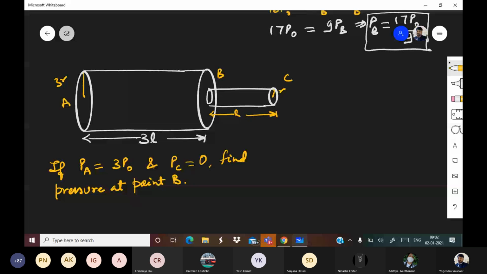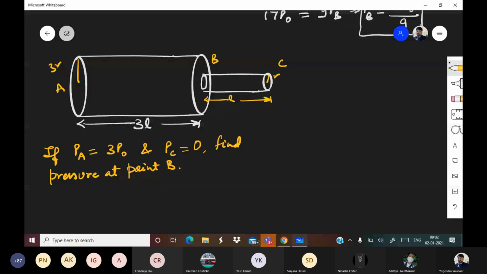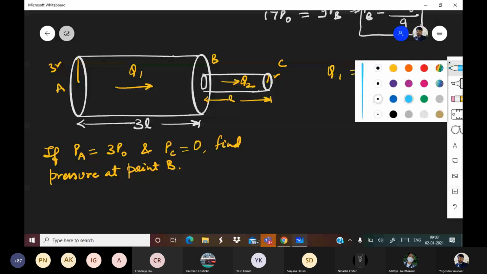Everyone, please pay attention. In this, again, the concept is the same. The volume rate of flow Q1 from here and the volume rate of flow Q2 from here should be the same. So Q1 is equal to Q2. I am writing directly this time.